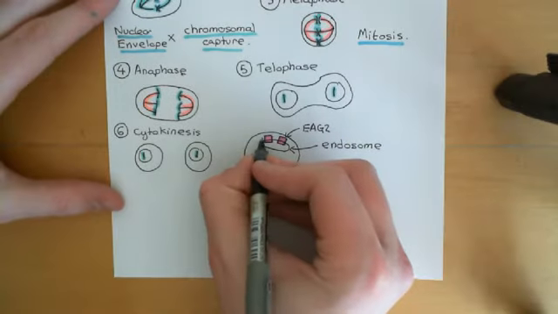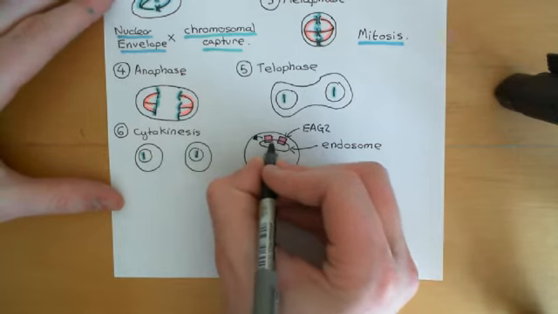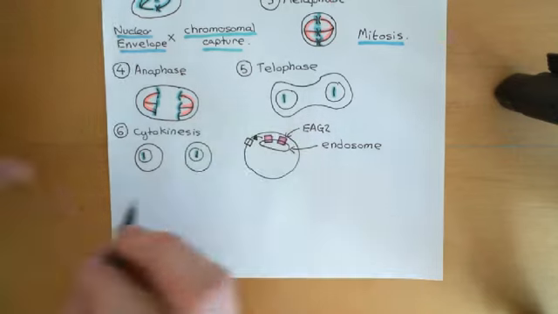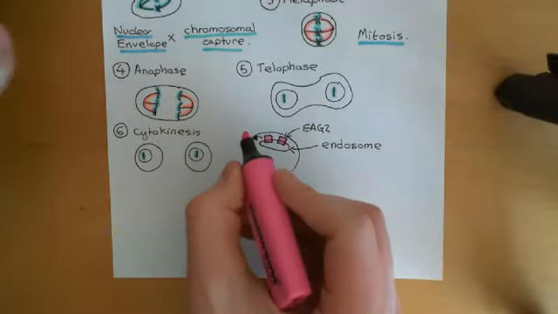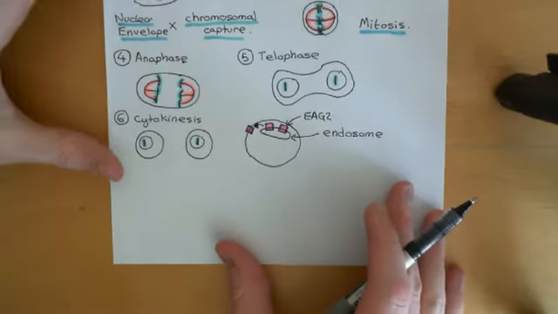So pre-mitotic condensation is caused by moving EAG2 from the endosome into the cell membrane, like so. Now, why does this cause pre-mitotic condensation? Well, basically this alters cell volume homeostasis in the cells. Now let me explain how.